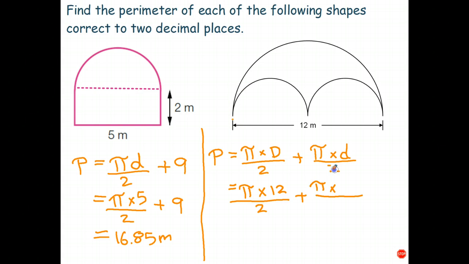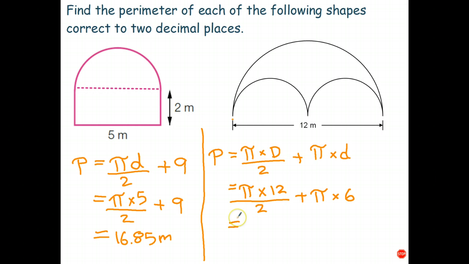So, in this case, I don't need to divide 2. So it's just pi times d. So I'm going to go ahead and erase all of that. And it's going to be plus pi times, and if that whole thing is 12, half of that is 6, so plus pi times 6.